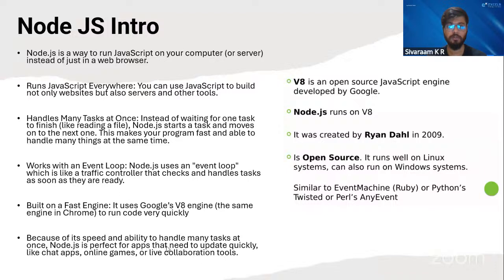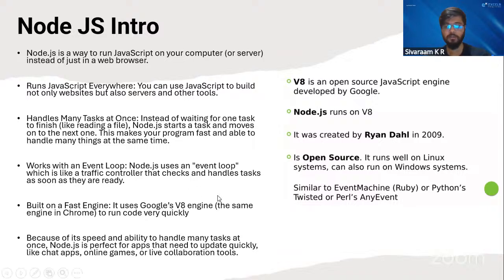Most apps which need quick updates, like chat apps, online games and live collaboration tools, use Node.js. Now you understood, right? Node.js is nothing but a runtime environment where you can run your JavaScript not only in the browser but outside the browser as well.